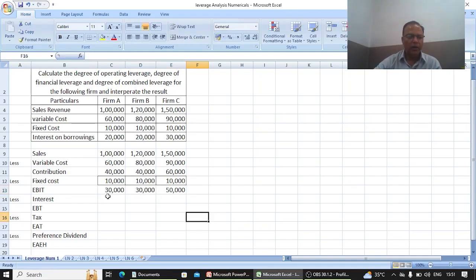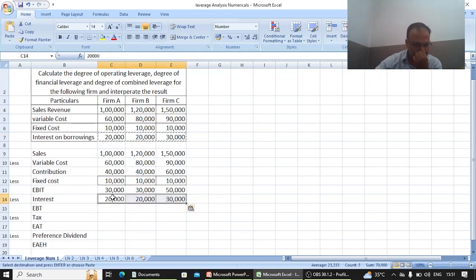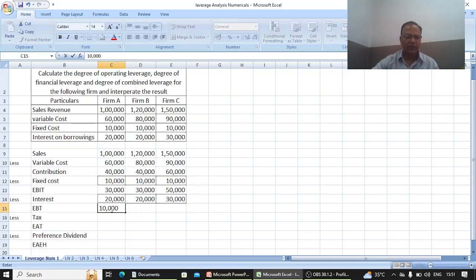Now interest. Here given interest on borrowing 20, 20, 30. Write down the amount here 20, 20 and 30. Now again you have to deduct. 30 minus 20 will be 10,000. 30 minus 20 will be 10,000. 50 minus 30 will be 20,000.